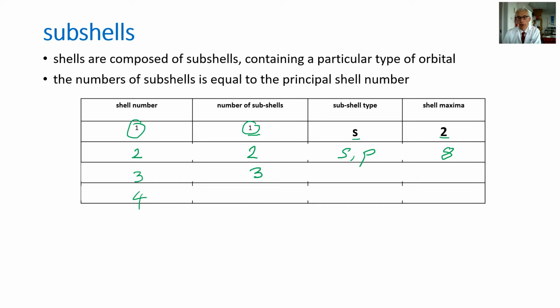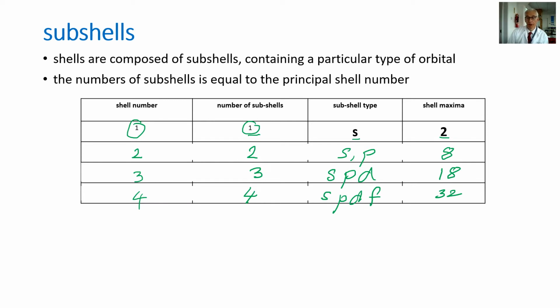The maximum number of electrons in the third shell is 18. The S and P are present as subshells, but we have a third subshell, a D subshell. Then the fourth shell has 4 subshells. We know that it's got 32 as a maximum, so it's S, P, D, and F.